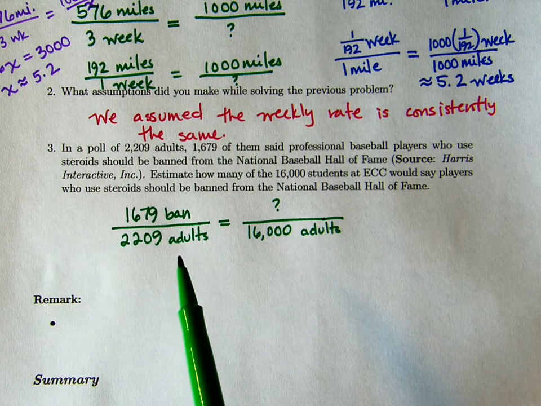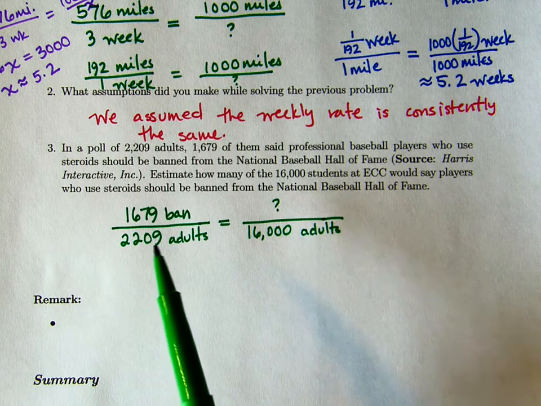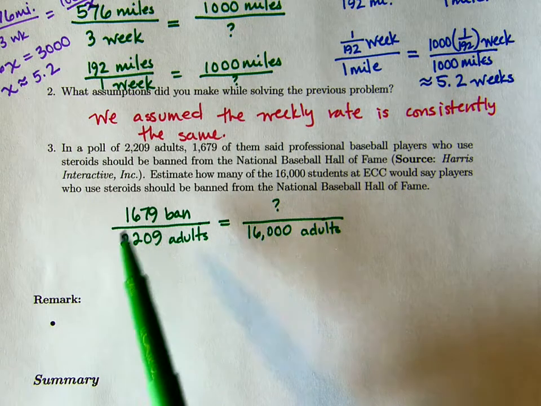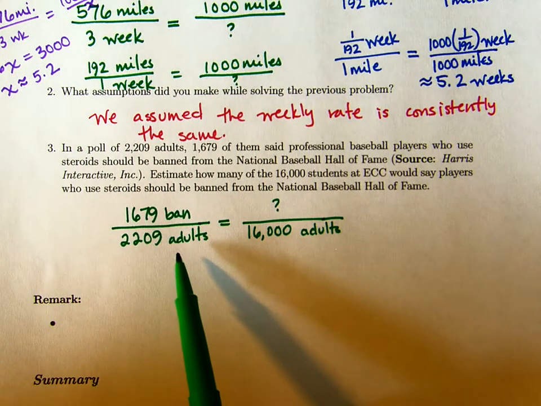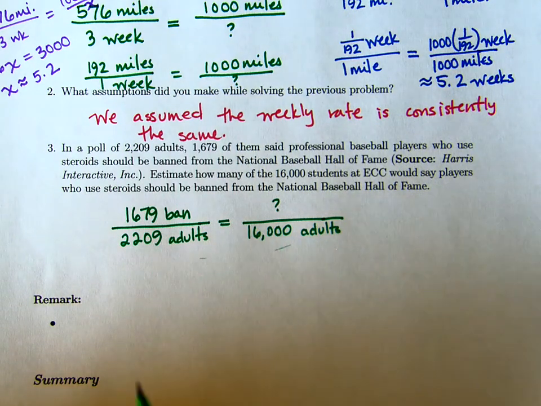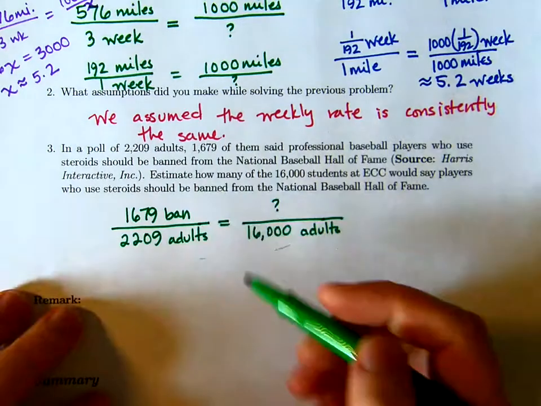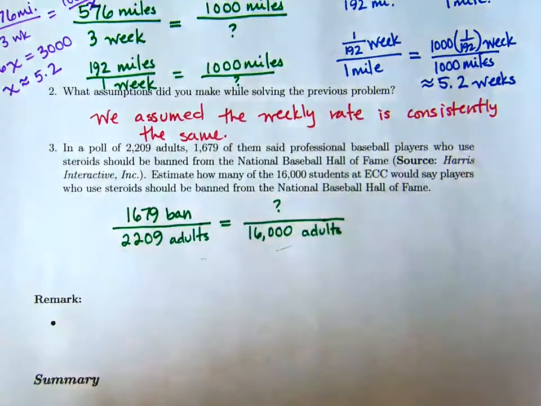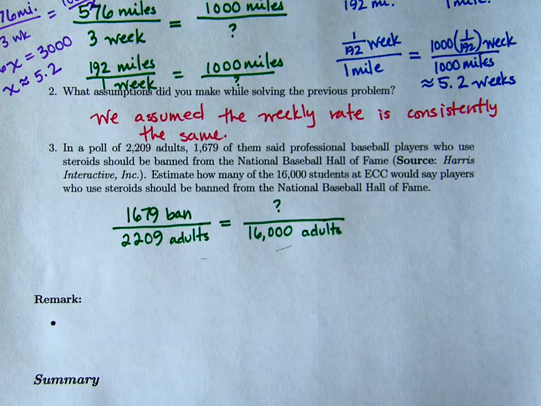What would be easiest? I feel like the easiest thing to do would be actually scale this down by 2,209 adults and then scale it up by 16,000. So here we go. Or essentially we're creating a percentage, by the way.